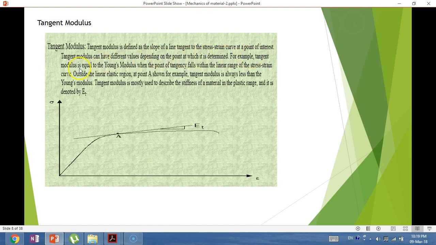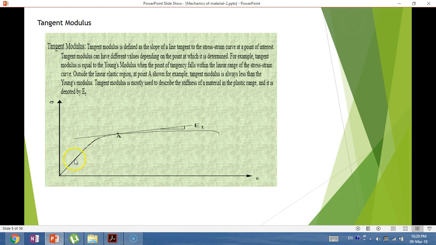It can have different values depending on the point at which it is determined. For example, the tangent modulus is equal to the Young's modulus when the point of tangency falls within the linear range of the stress-strain curve. If I take this point here where we have the linear portion, then this tangent modulus will coincide with the elastic deformation.